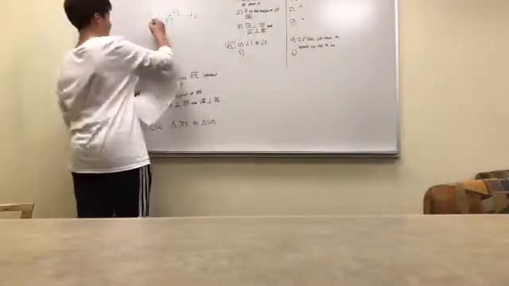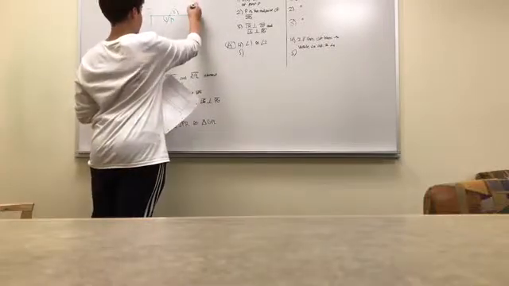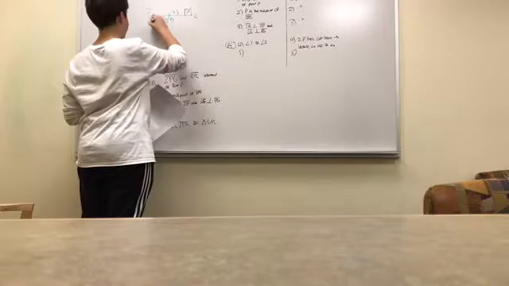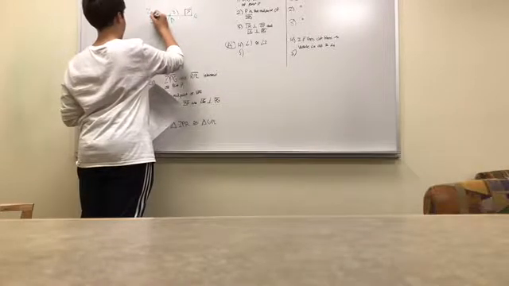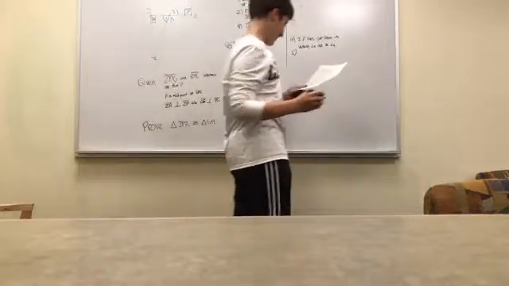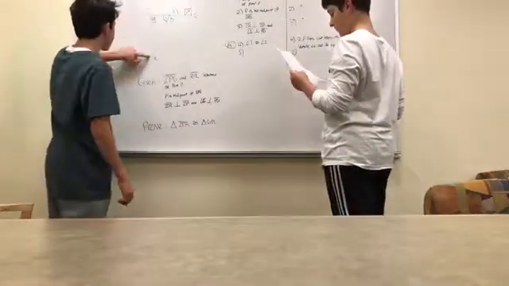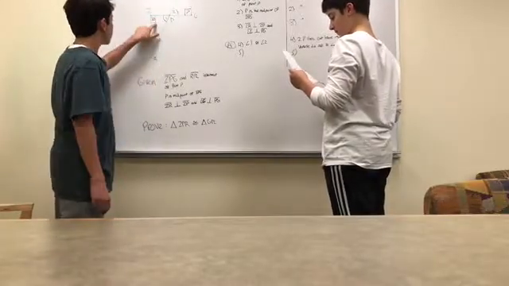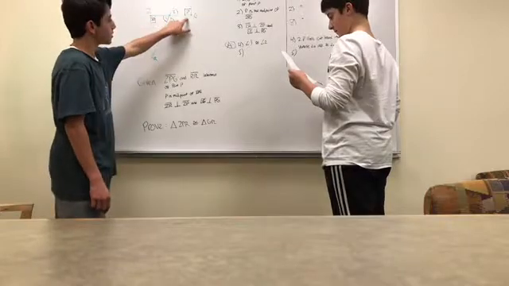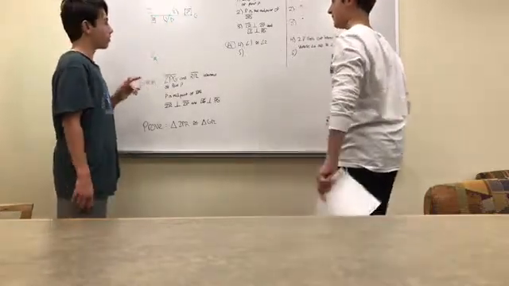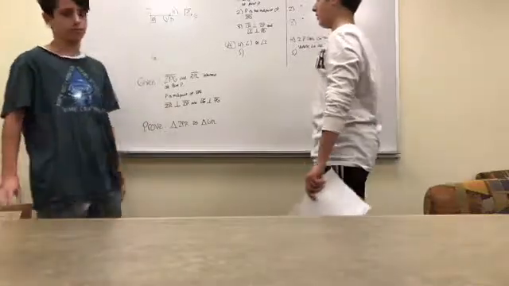These angles right here, we'll name this one angle 7 and angle 30. Because these two segments are perpendicular, we can imply that angle 30 and angle 7 are right angles. And all right angles are always congruent.